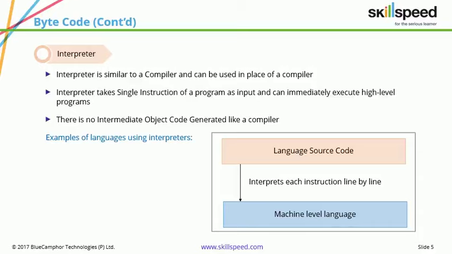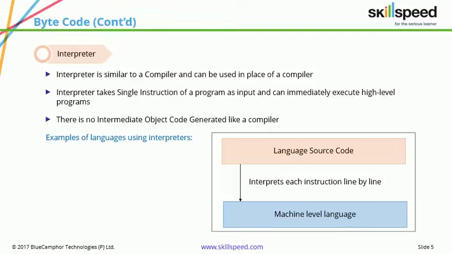It is not the bytecode, the object code or the machine understandable code that the interpreter converts the programming language code into. Instead, it will convert the program that we write into a lower level program.